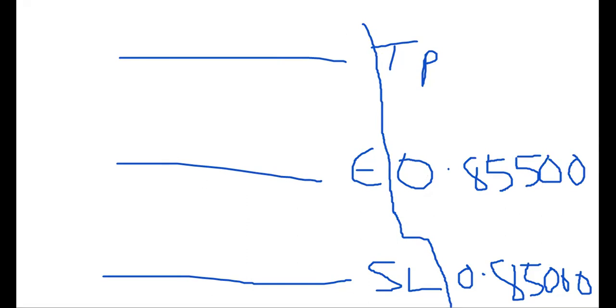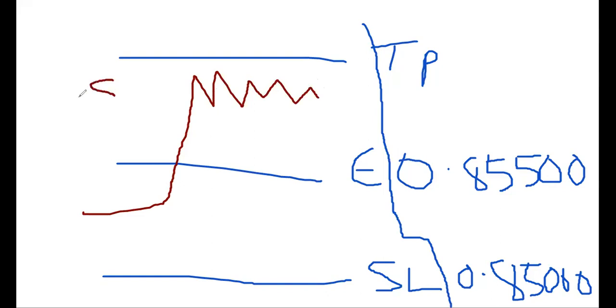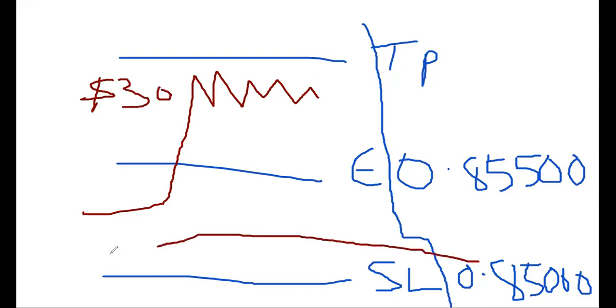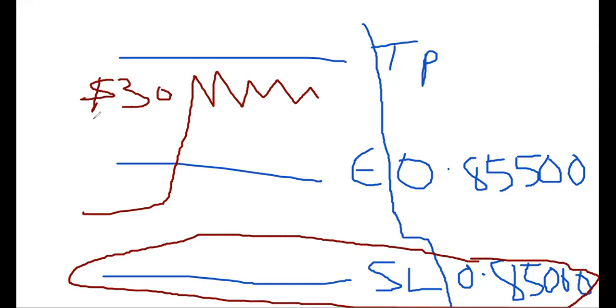So now, what happens? If you have a trade going up, remember it's on a buy. Once it reaches here, it starts consolidating. Let's say this is on $30 already. What do you do? You take your stop loss and put it above the entry point.